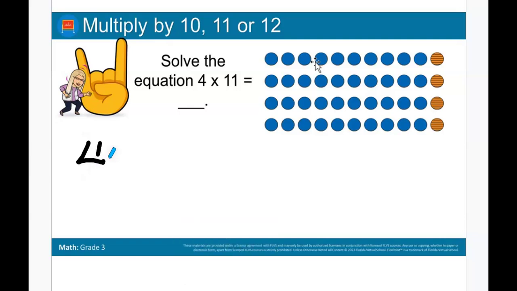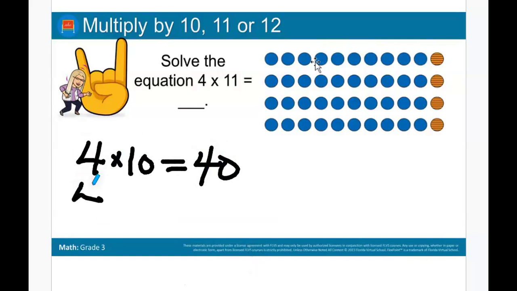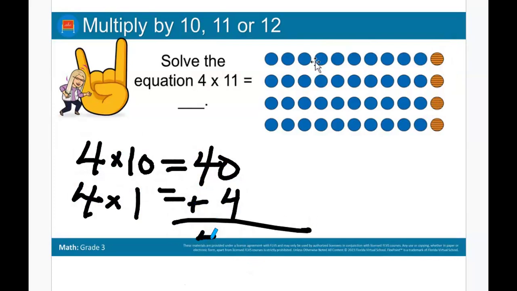So if I know that 4 groups of 10 was 40, I can add another 4 groups of the number 1, so 1, 2, 3, 4, to add 4 to it, and I'd get 44.